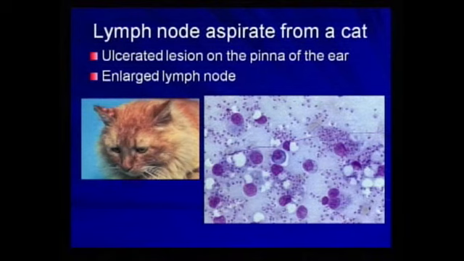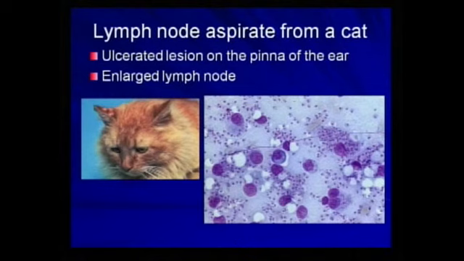I also see some other cell types. In the center, I see a plasma cell and probably a couple of neutrophils here. Certainly one plasma cell, which tells me this is a reactive lymph node. It's not enlarged because of neoplasia. We'll talk a little bit more about lymph nodes later on.